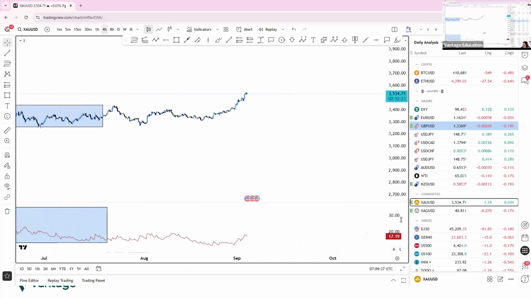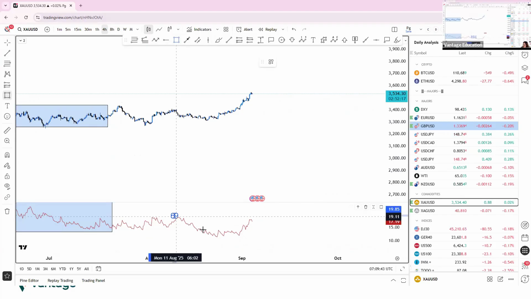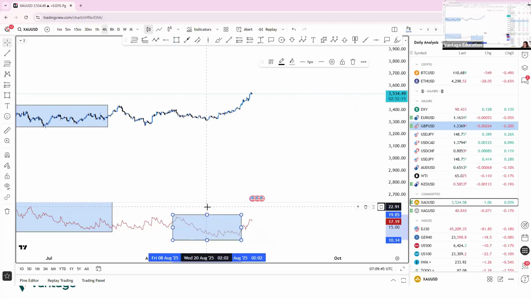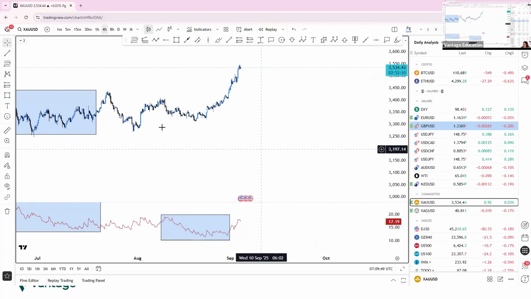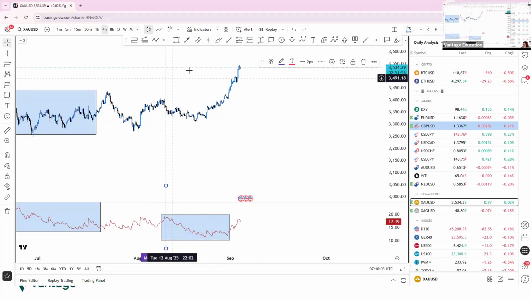Another one as well: when you see the ATR here sloping down like that, it doesn't mean it's a bearish move. It means price had very strong volatility during that specific period, like from here to here, and here to here.